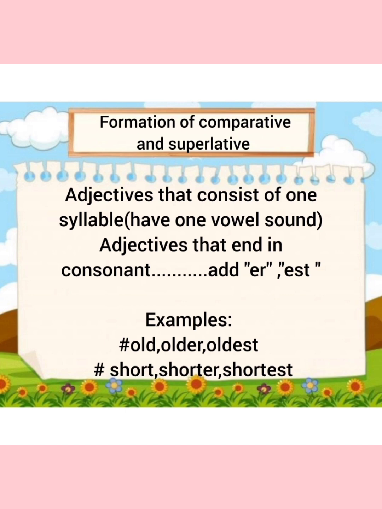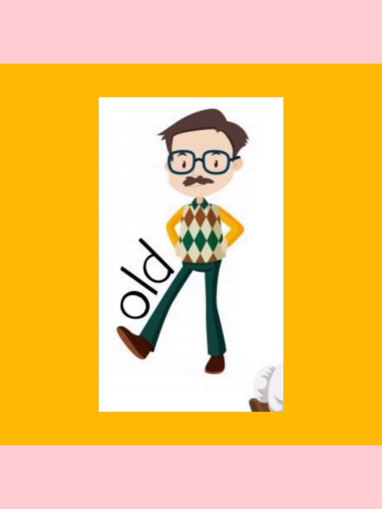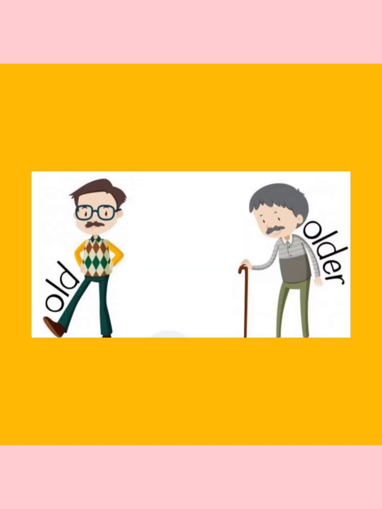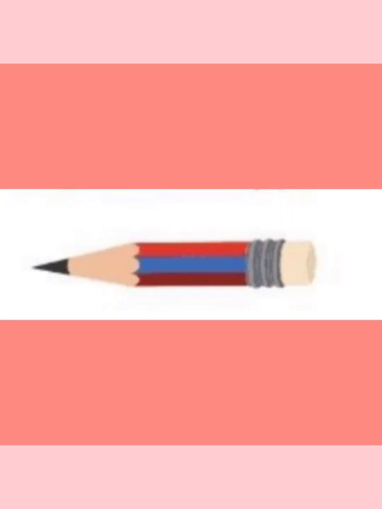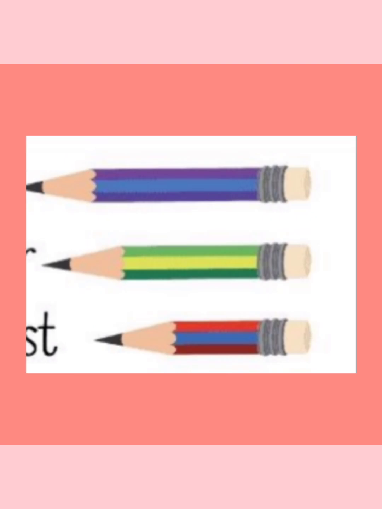For example, old is a positive degree of adjective and in the end we have a consonant, that is D. So I'll add ER in the comparative degree, that is older, and EST in the superlative degree, that is oldest. The next example is short, shorter, shortest.